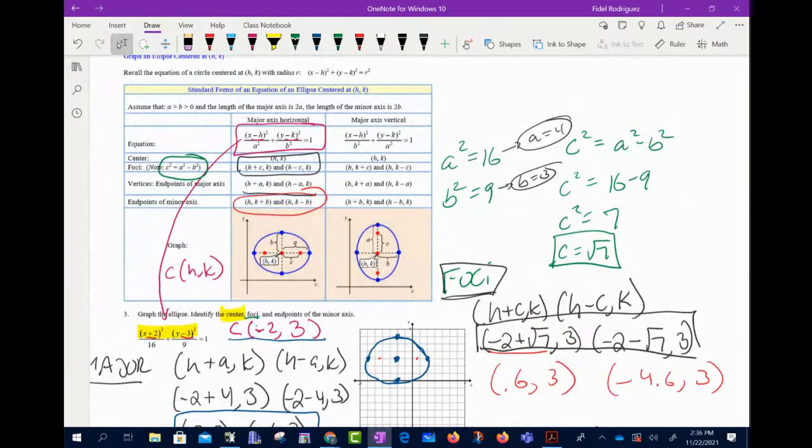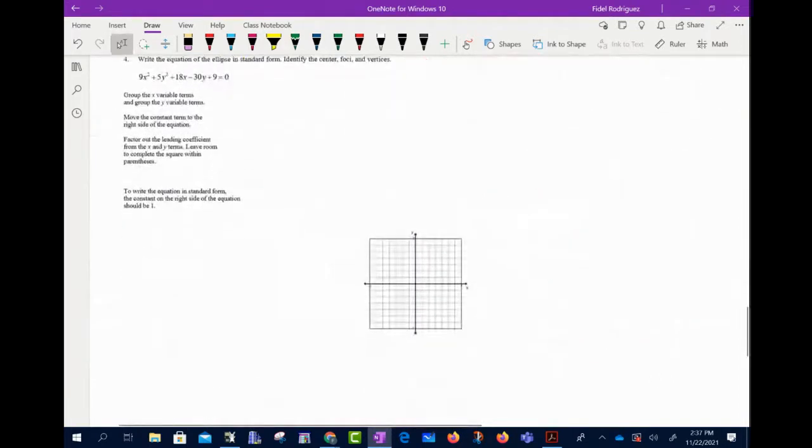And again, we could pick a point on that, measure the little distances to the foci and add those up, and you pick another point, measure those and add them up, they would be the same. Okay. All righty. So we got one more problem to do here.